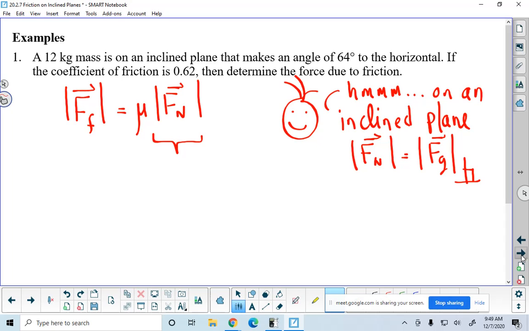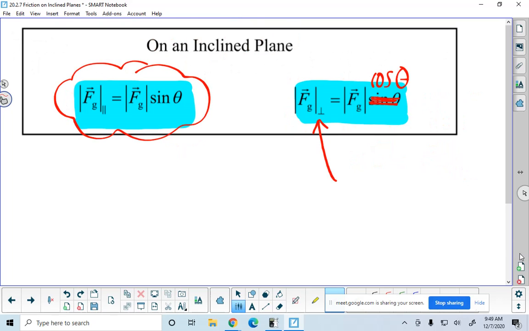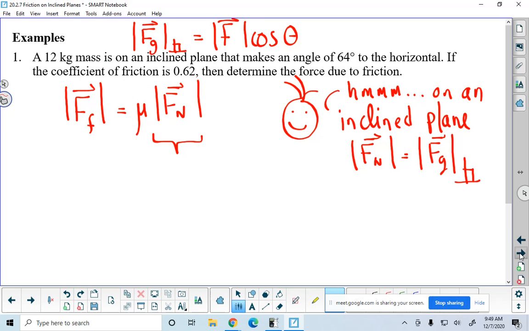I'm going to show you what I would prefer to do. I would prefer to look at my formula for Fg perpendicular, which is Fg multiplied by cosine of theta. And then I would say that Fg is mass times g.